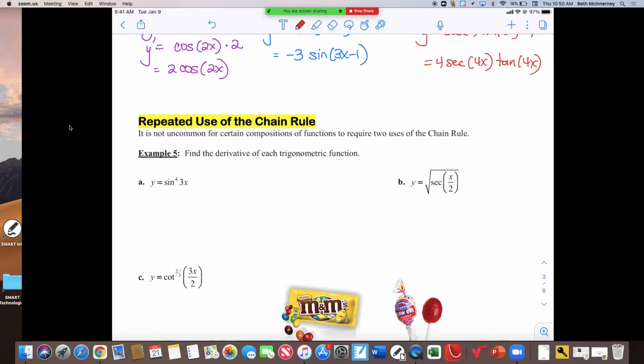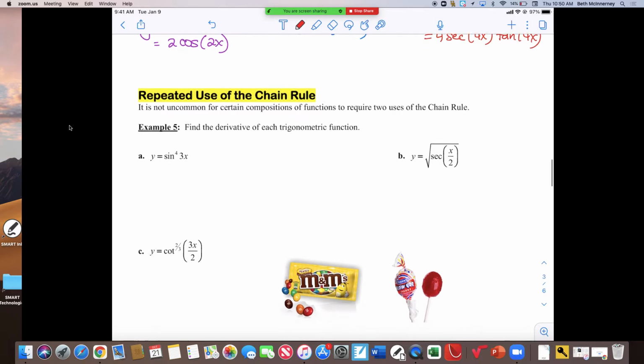I opted for the Charms Blow Pop because I like the layering here: you have the wrapper, then the candy shell, and then the gum. That is going to apply to the repeated use of the chain rule. My experience has been we only see a double use of it, even though I'm going to give you some that might have a triple use. Typically, it might just be a double use.